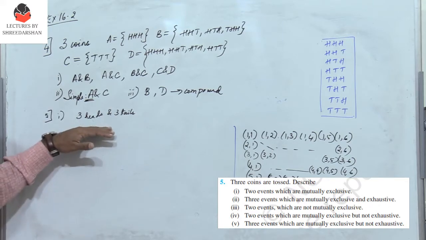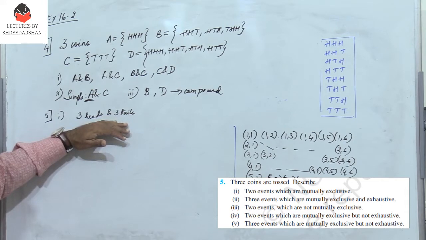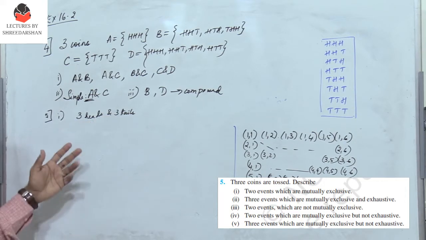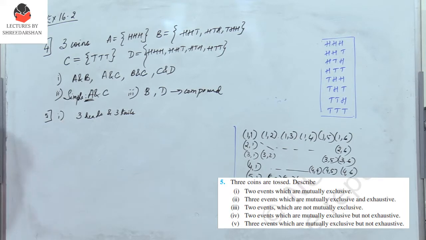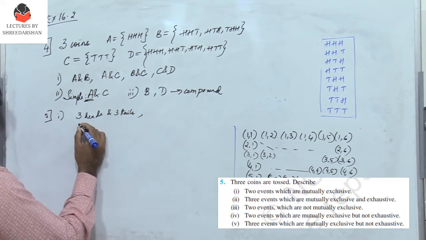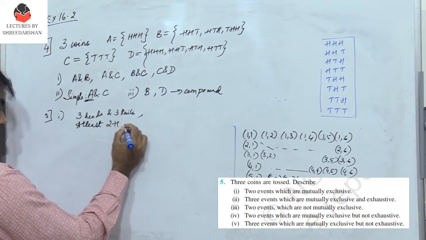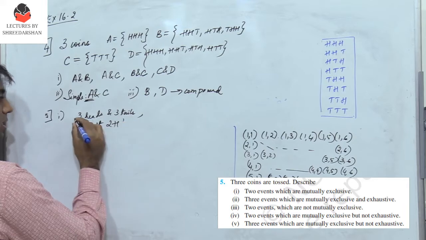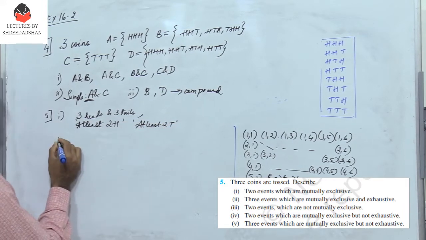So you just have to give one example. Getting at least 2 heads and at least 2 tails are again mutually exclusive. So this is one answer.